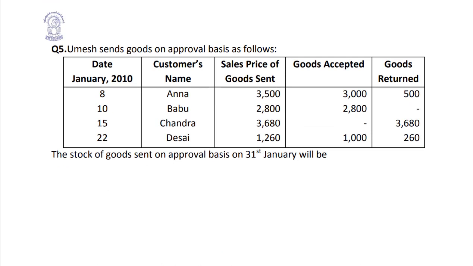Next question, question 5. Umesh sends goods on approval basis as follows, in the month of January 2010. Customer's name, sales price of goods sent, goods accepted and goods returned.